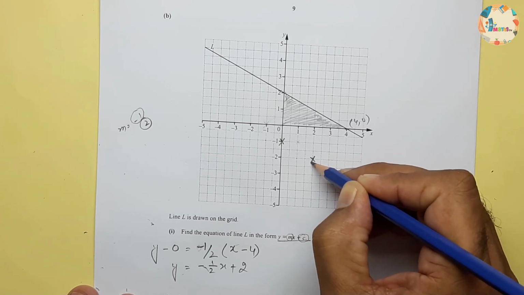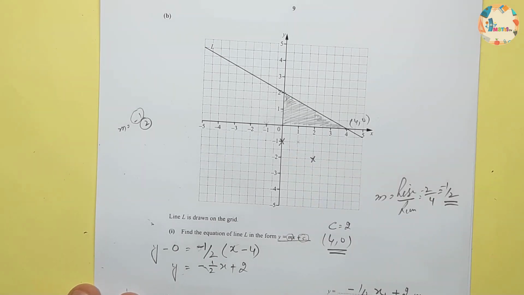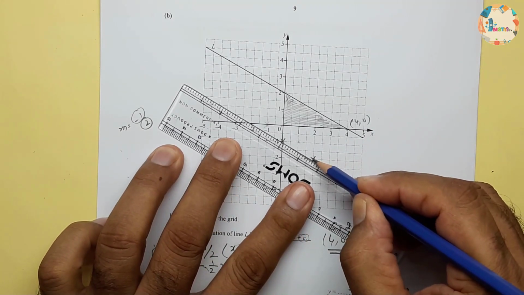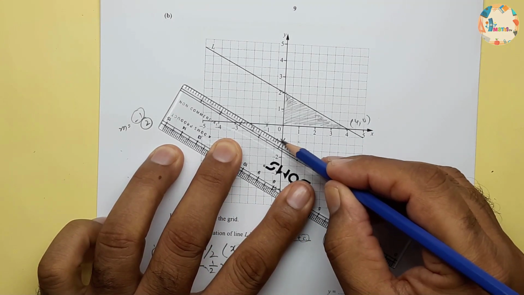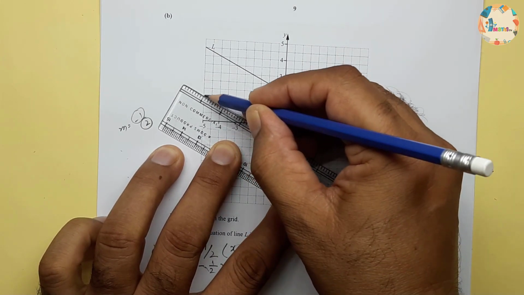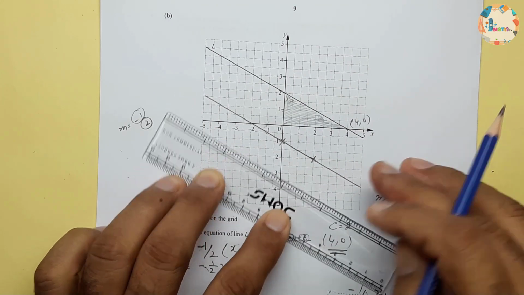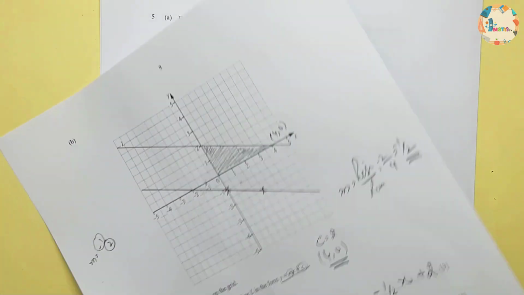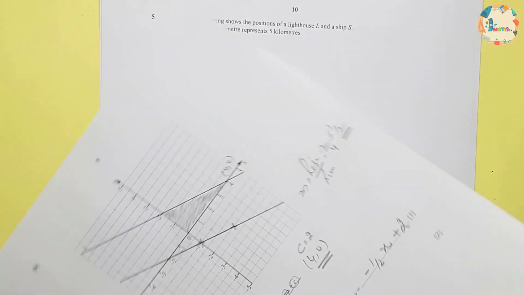So our point will be this and this. Now we can use the scale to draw this line. This will be the line which is drawn over here, and this line is parallel to this line. You can even see this is parallel.